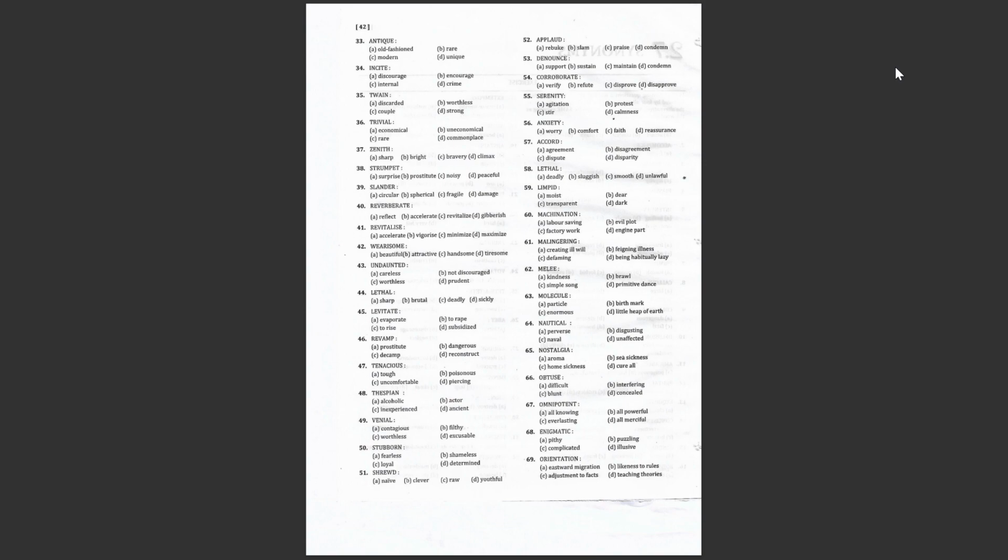Next, machination, machinization, all of these mean using machines instead of labor, instead of workers, right? So machination, the correct option would be A, labor saving. Labor is referred to as the workforce.